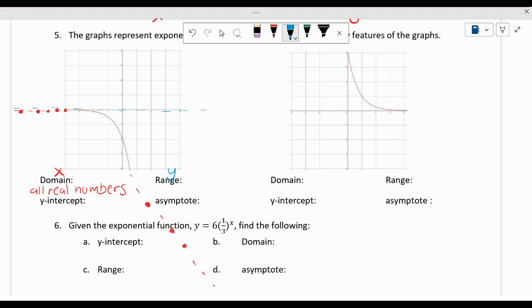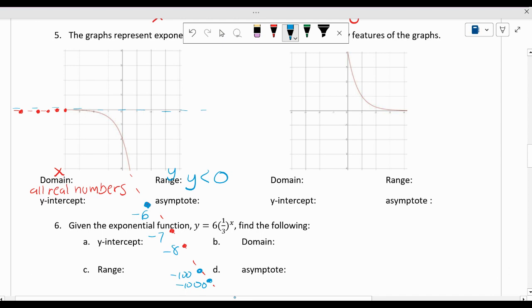But it does go down forever, so eventually it's going to hit negative 6, negative 7, negative 8, eventually negative 100, negative 1000. Because it's going to hit every number downward, that means it's going to hit all the y values that are less than 0.